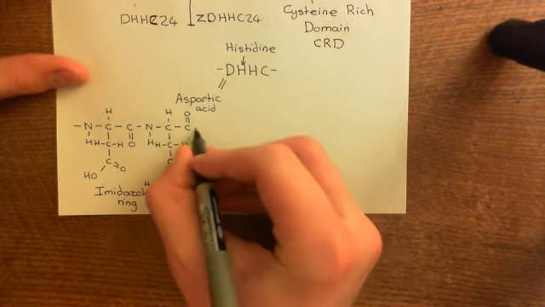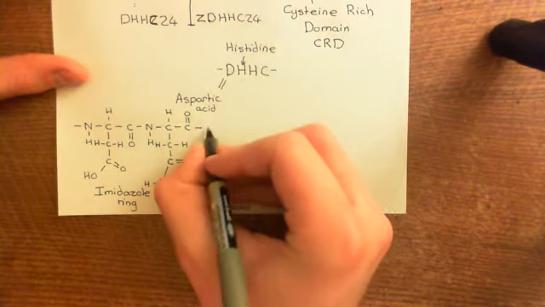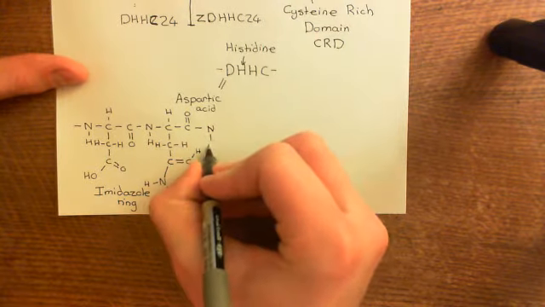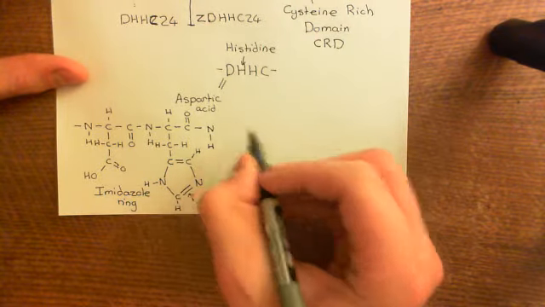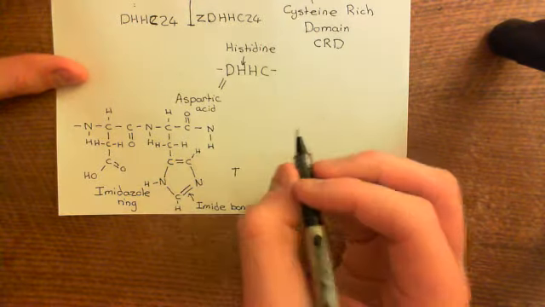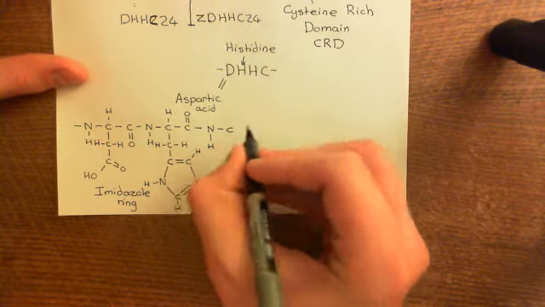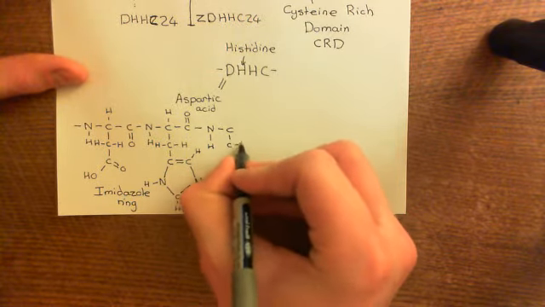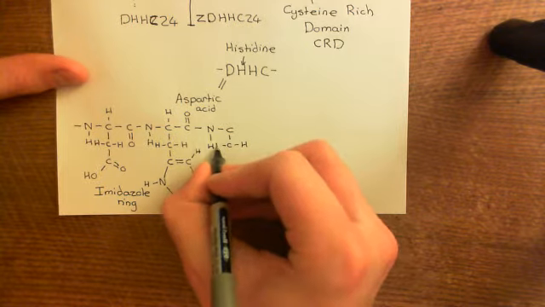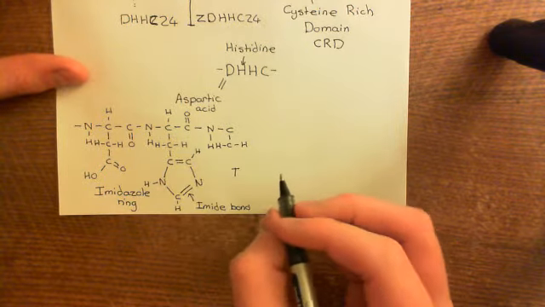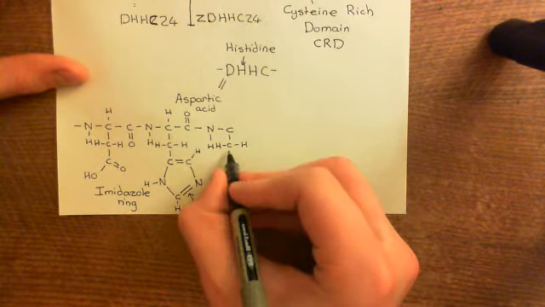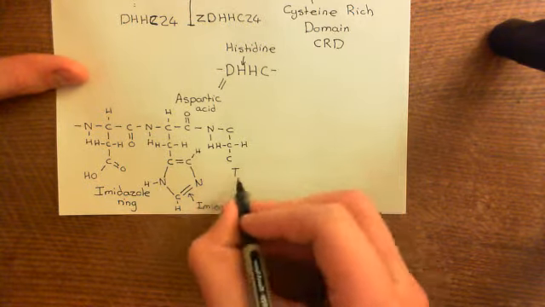Now somehow I'm going to have to put another histidine in here. So here's the amino group. Here's the alpha carbon. The R group is here. Now, can I incorporate that in somehow? Not really. I might put the ring going around that mistake.